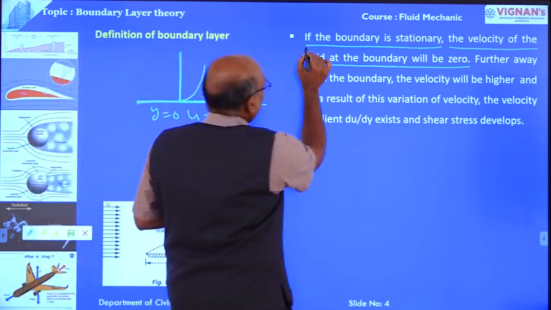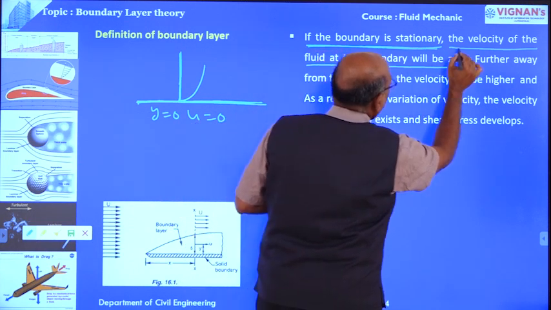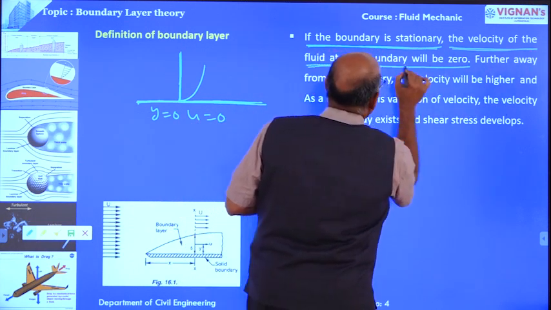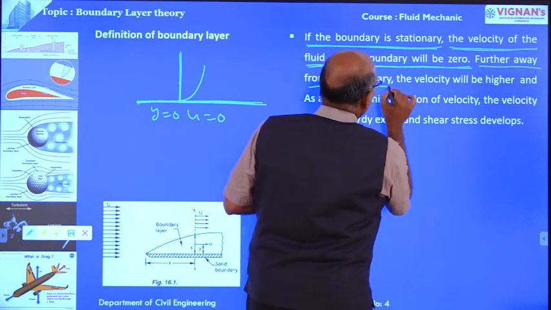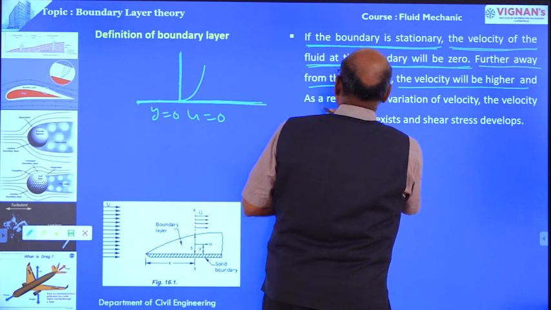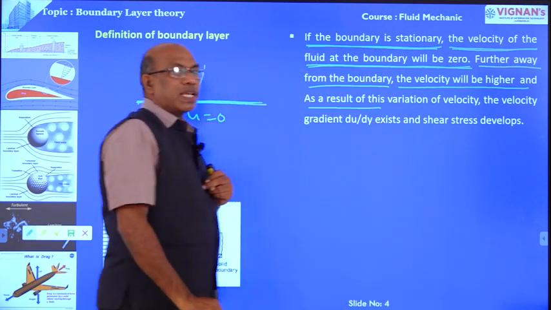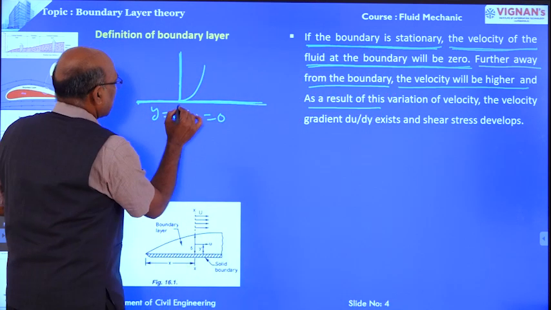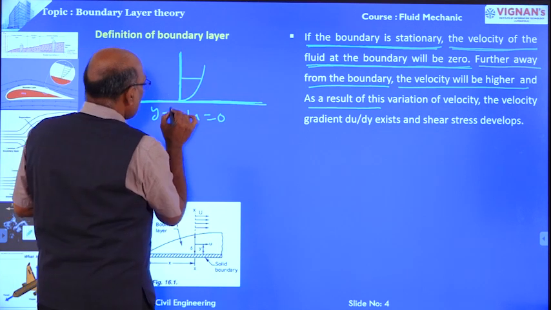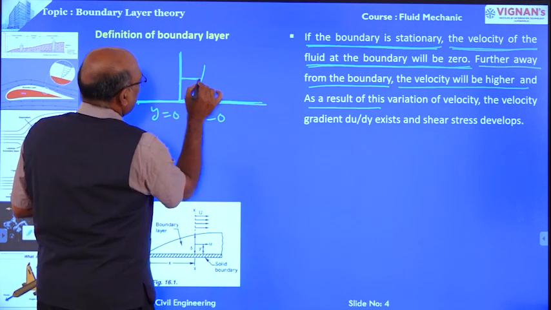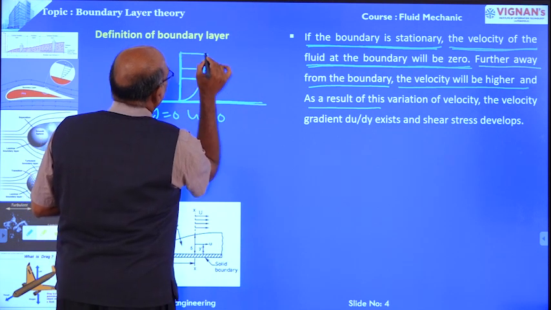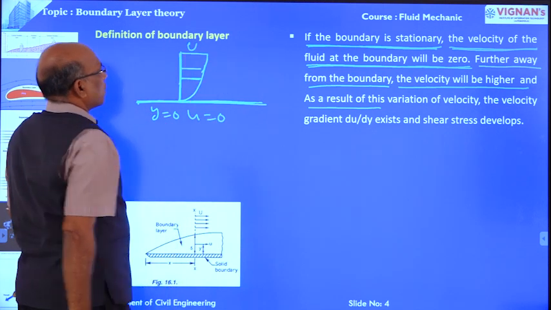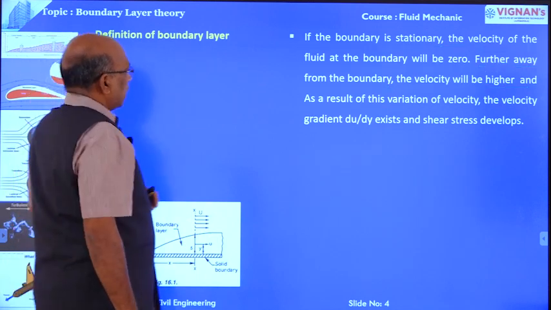Further away from the boundary, the velocity will be higher, and at some point the velocity reaches the free stream velocity. Right, first point.